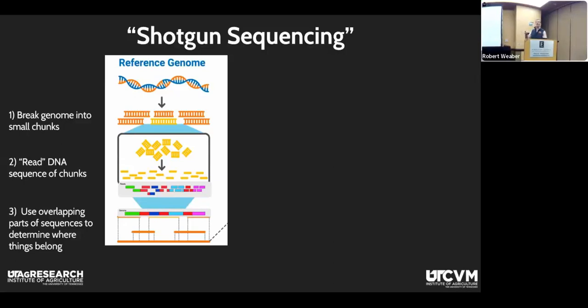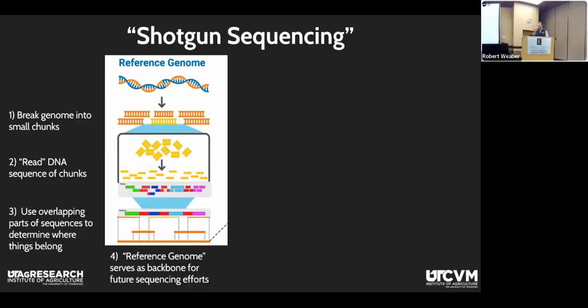We'll mention more in subsequent talks about the pangenome, but these are ways that we can utilize long-range connections between DNA, whether that's long-read sequencing or utilizing physical interactions between chromosomal segments to help scaffold and put together these chunks of DNA.